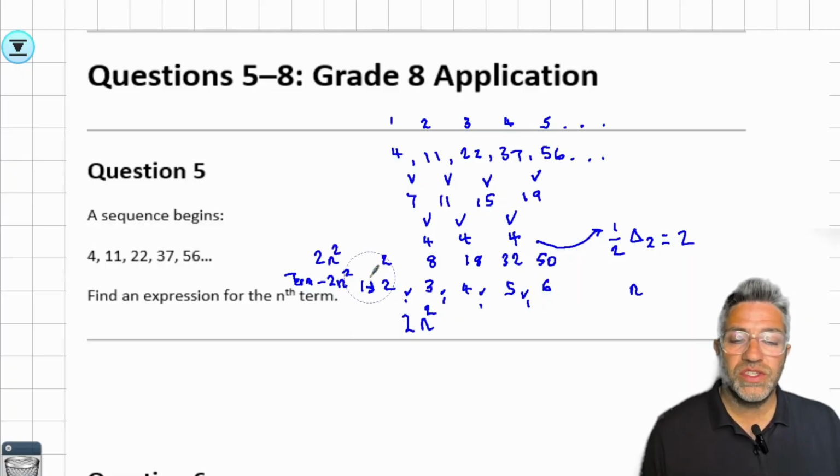To get from 1 to 2, I just need to add 1. So the nth term for this linear part of our rule is n plus 1. We then combine that with the 2n squared that we already have. That gives us the overall nth term for this sequence of 2n squared plus n plus 1.